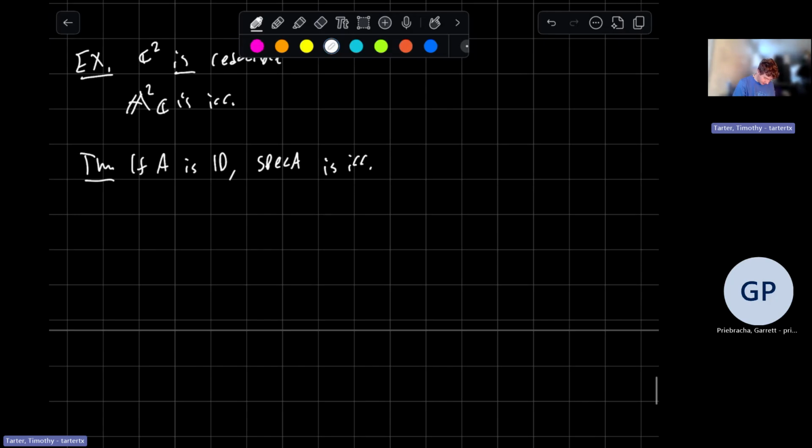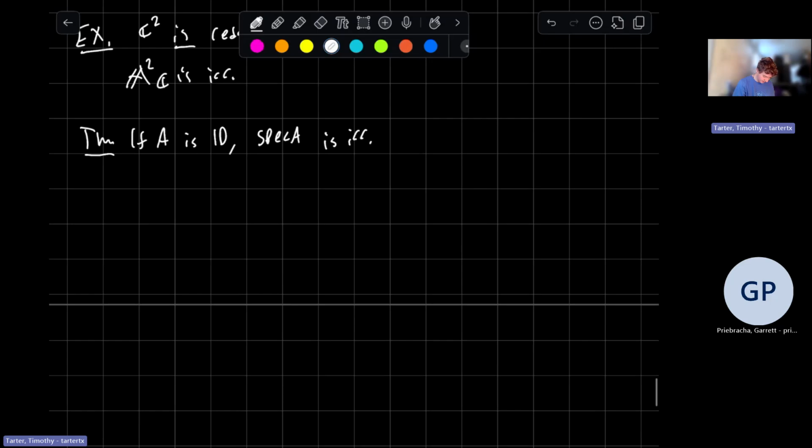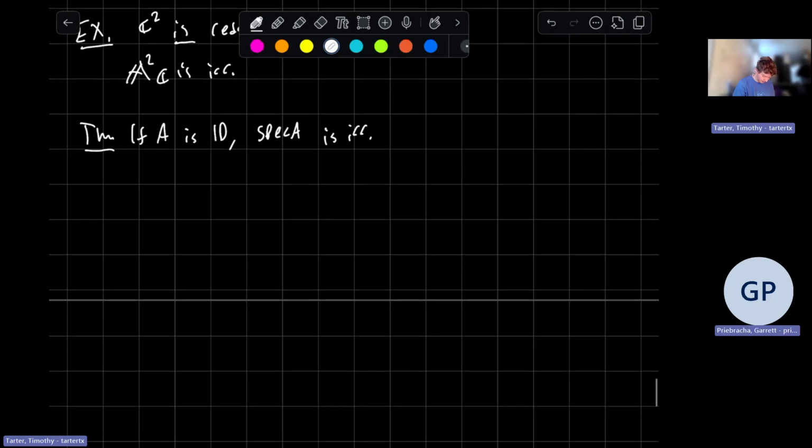Now we're down to the tricky exercise that I'm going to pick up with next time.